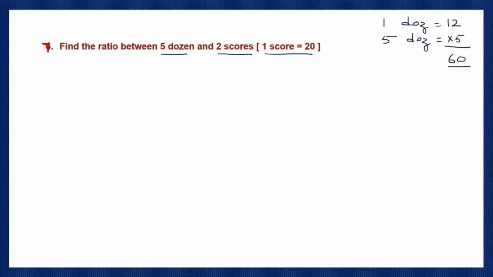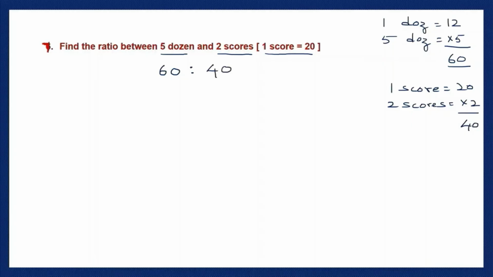So we'll write this as 60 is to 2 scores. 1 score is 20, so 2 scores will be 20 into 2, which is 40. So we've got the second number also, 40.